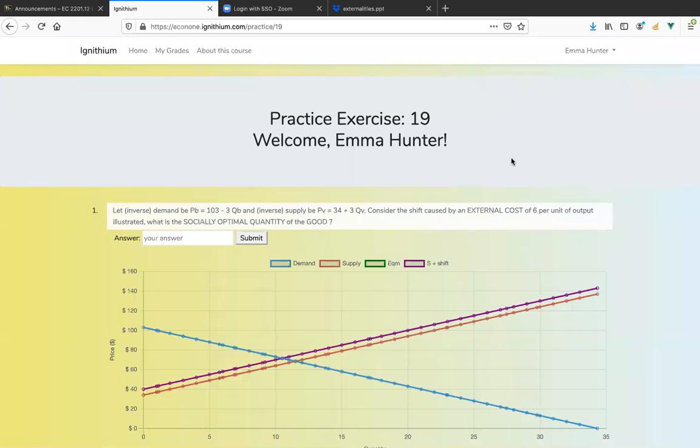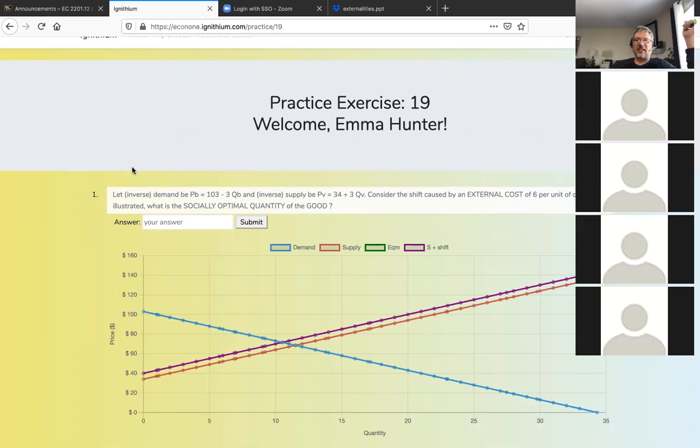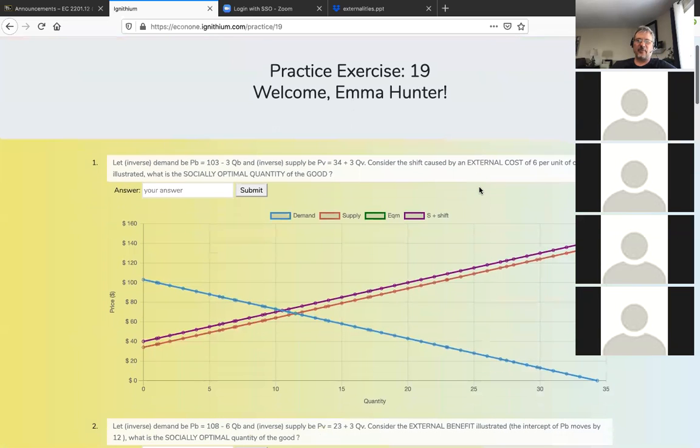I'll resume recording. Okay, hopefully you can see, these are examples from exercise 19, the practice on Ignition. This is just what we were looking at before. We have a demand curve and a supply curve, and then this tells you the external cost.